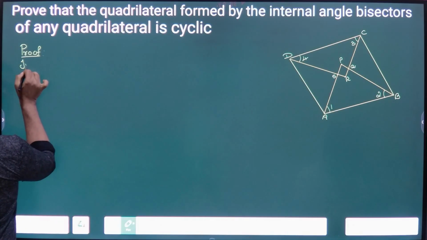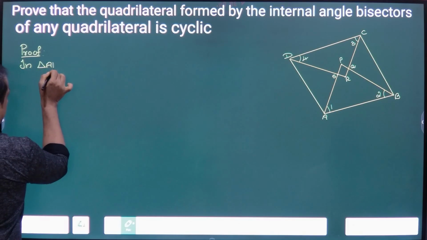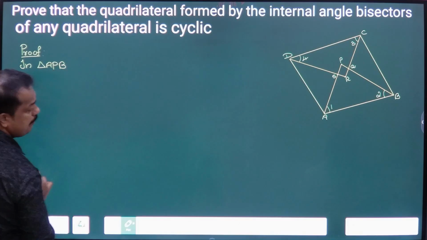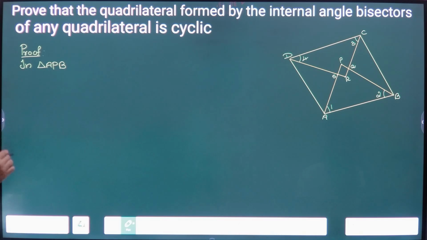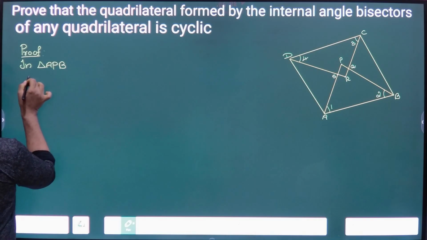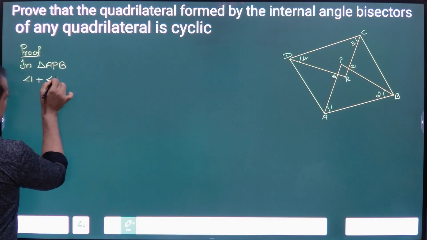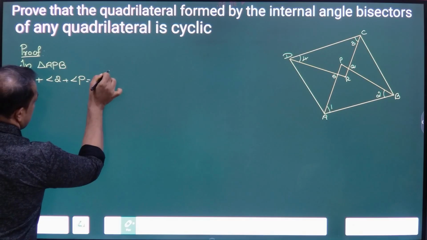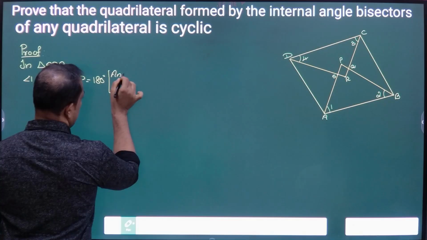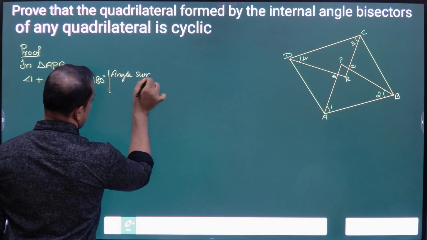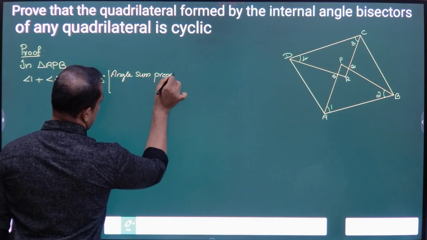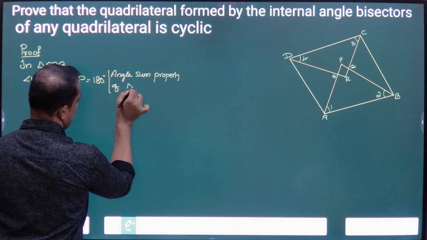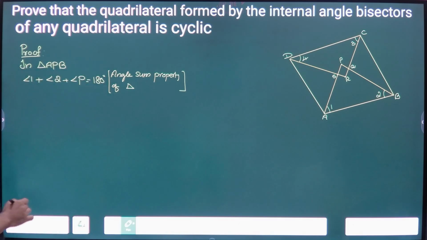So in triangle APB, the sum of all the angles, that is angle 1 plus angle 2 plus angle P, is equal to 180 degrees. Reason: angle sum property of a triangle. Clear? Any doubt? Steps clear?